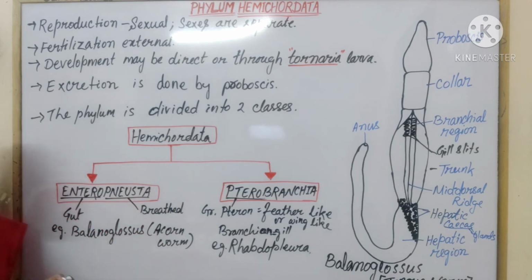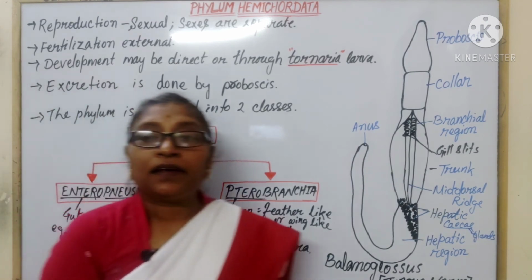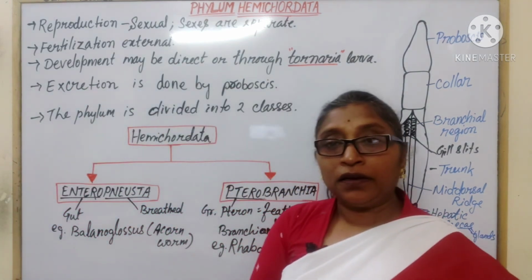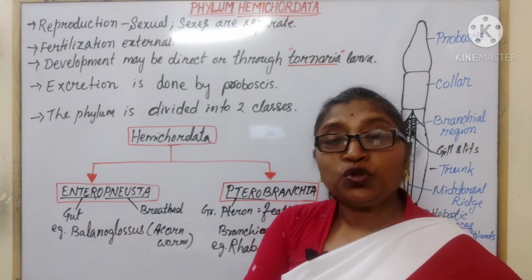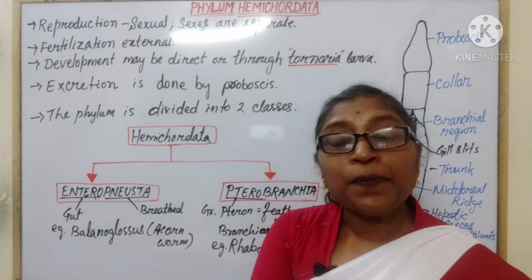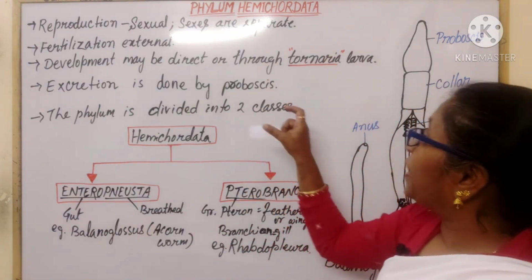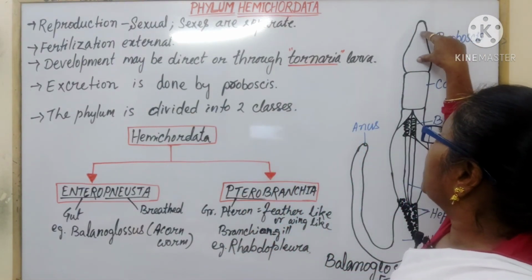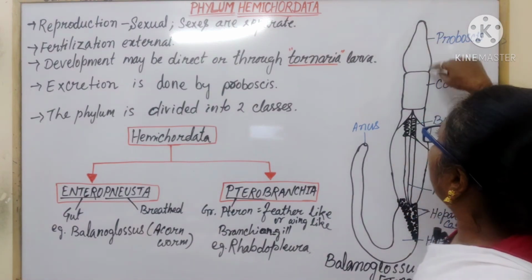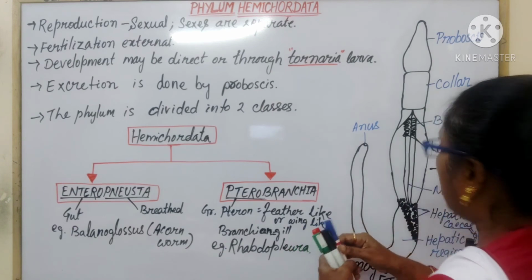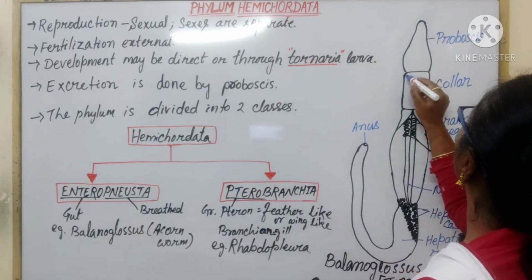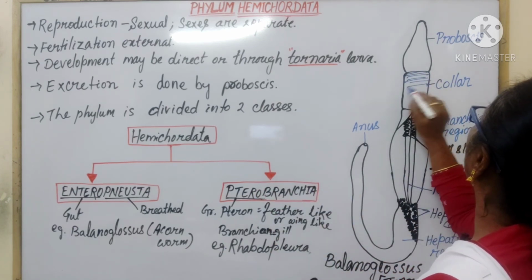So in this session, what did we discuss? The phylum Hemichordata. Previously these animals were known to be primitive chordates because of the presence of the stomochord in the proboscis region. From the buccal cavity, the mouth is present in between the proboscis and the collar.